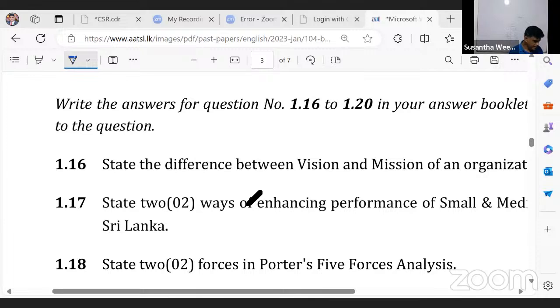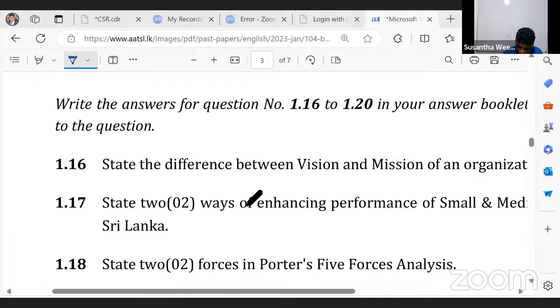Anyway, that is their vision, what they are going to be in the long term.